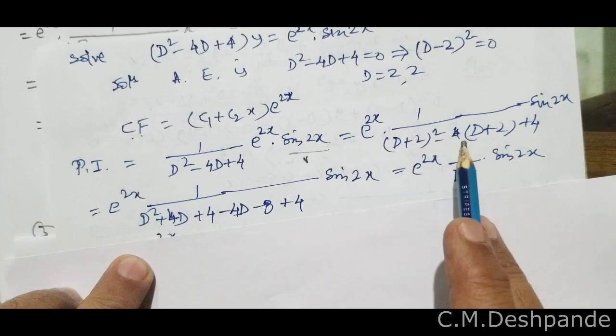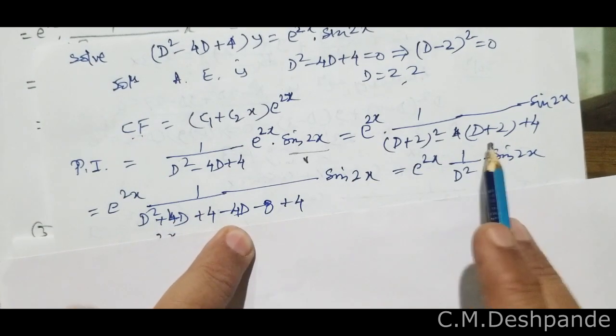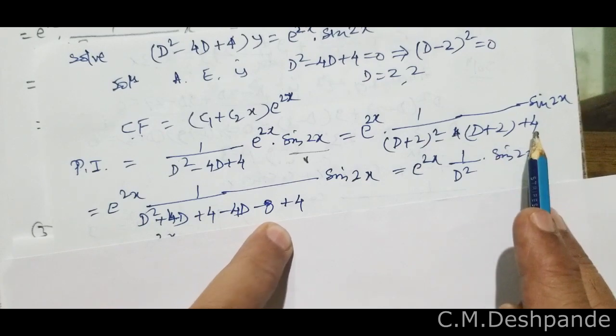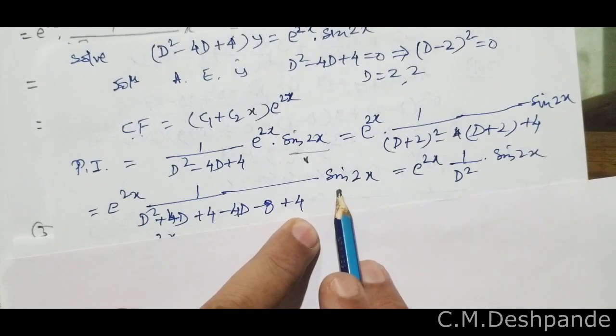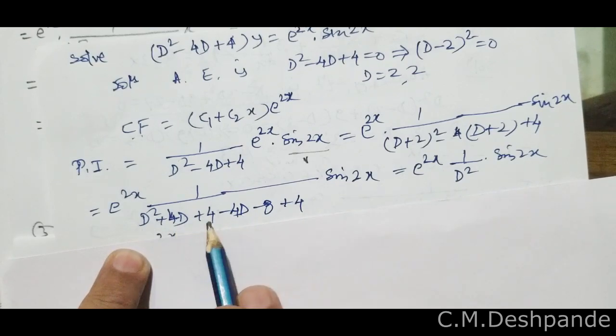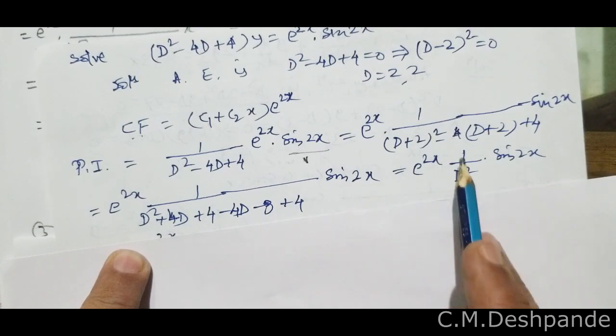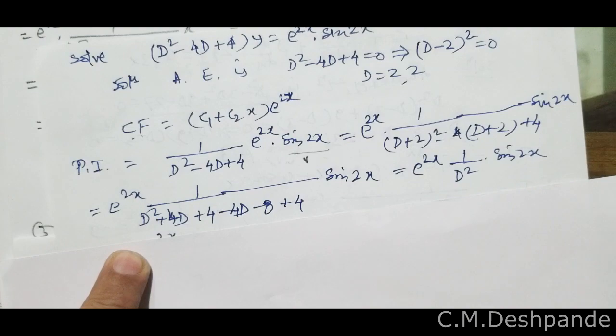Multiply this bracket by 4, so minus 4D and minus 8. Last plus 4 as it is, operating on sine of 2x. Now this is simplified. D square plus 4D minus 4D gets cancelled. Plus 4 and 8 also get cancelled. So only 1 upon D square operating on sine of 2x.